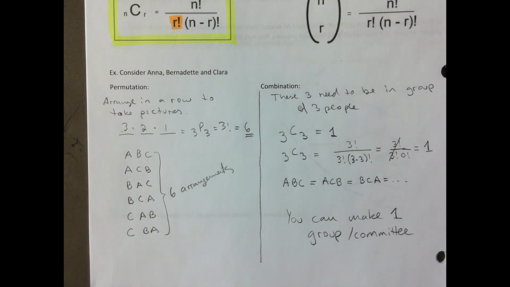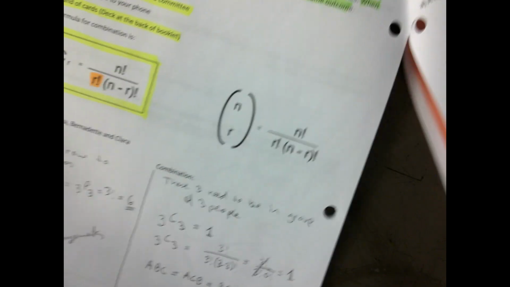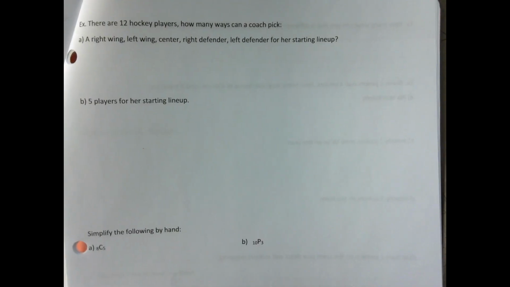Let's go and try this out in an example, see how that works. So I'm going to mix it up a little bit with perms, okay? So you kind of see the contrast, hopefully. There are 12 hockey players.